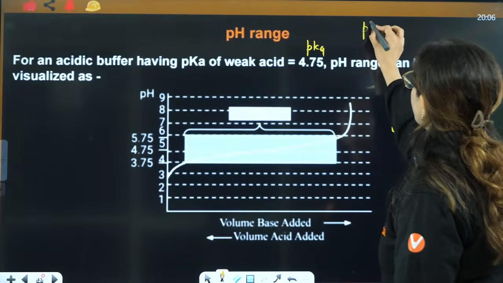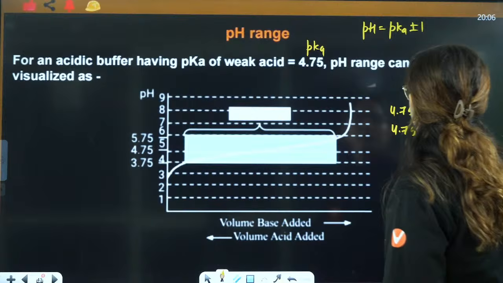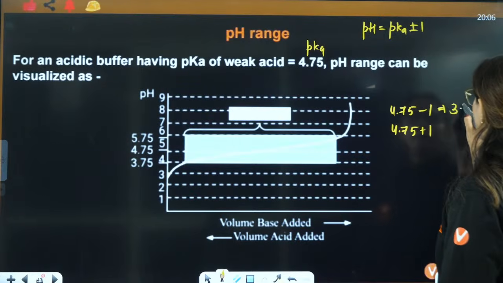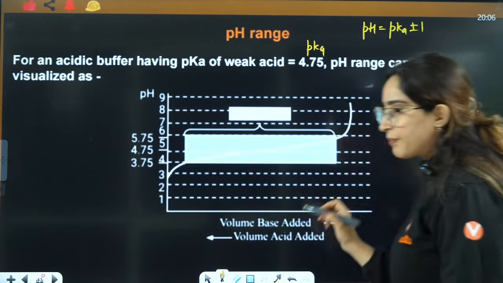And we know that pH range is equal to pKa plus minus 1. This is nothing but 3.75, this is nothing but 5.75. That is the pH range here.